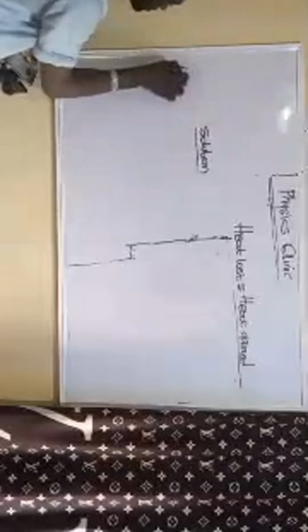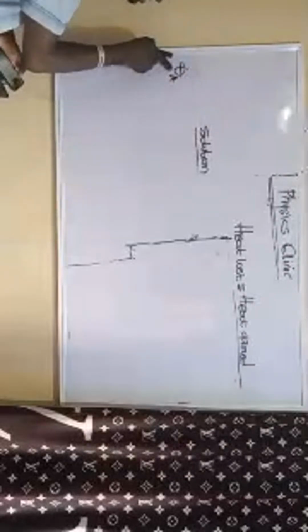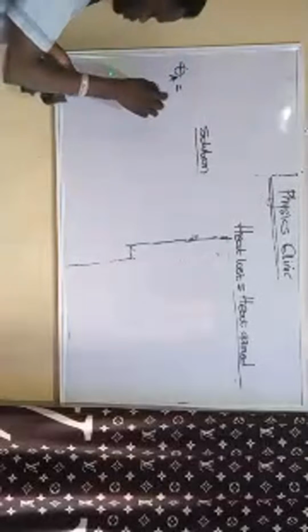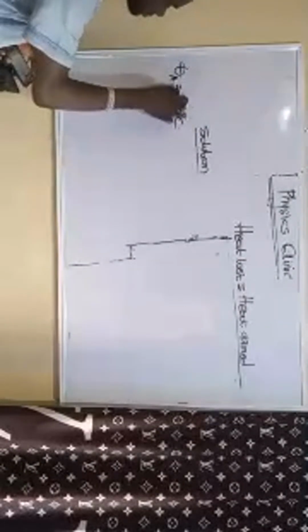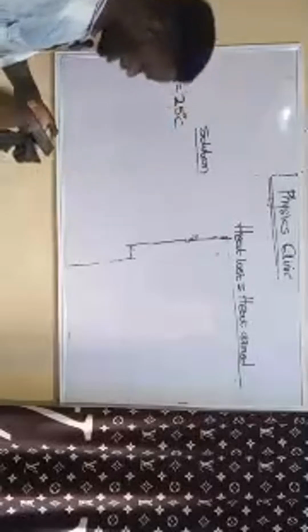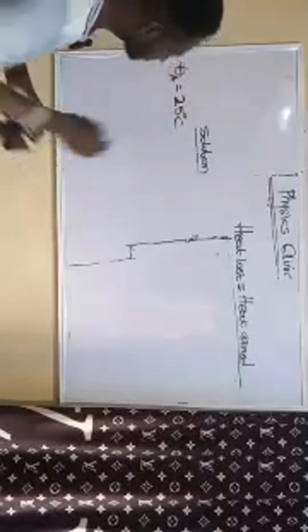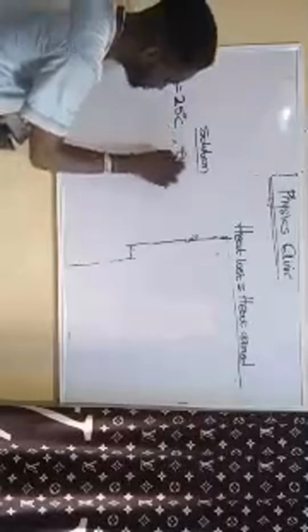So the temperature of water from tap A, theta A, is 25 degrees Celsius, and the temperature of water from tap B, theta B, is 75 degrees Celsius.